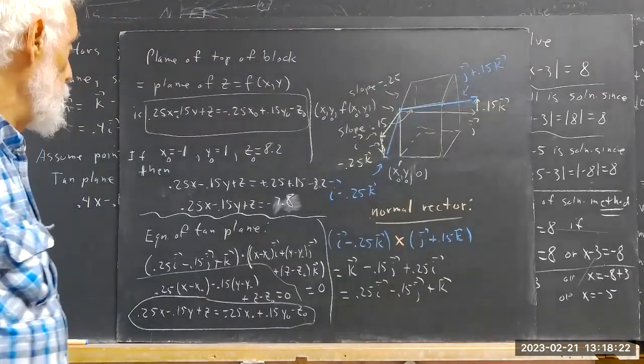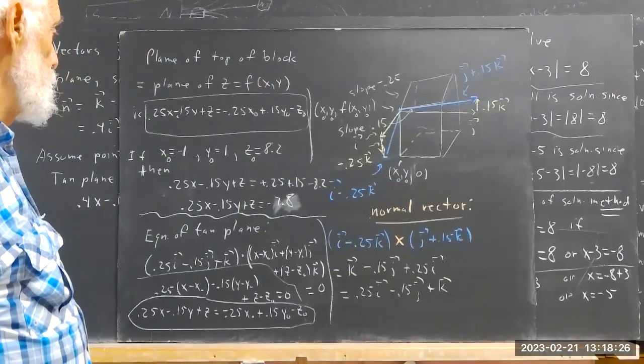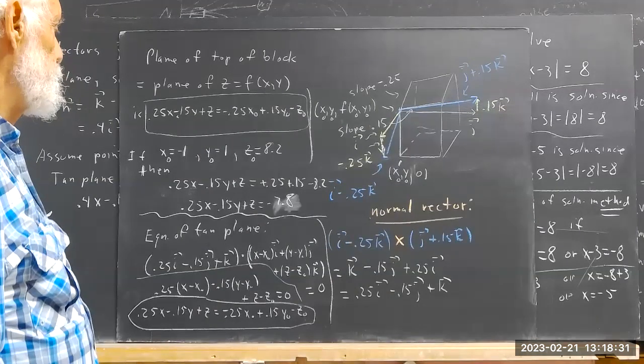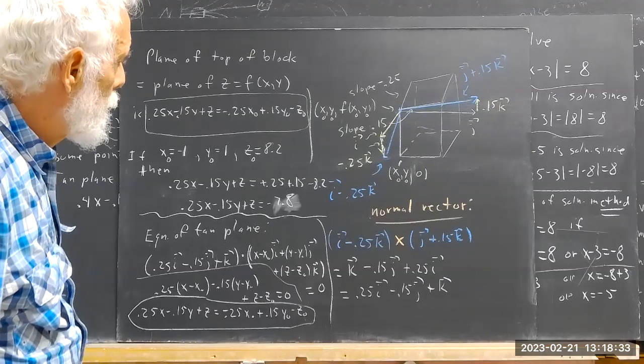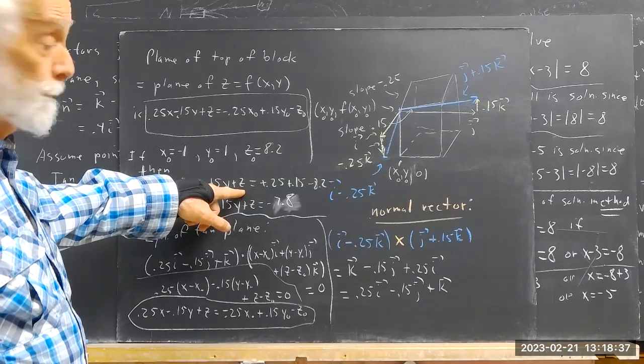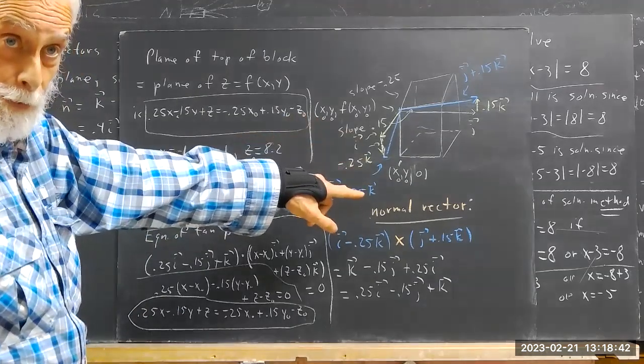Okay, well, if we solve this for z, some of you did, we'll end up with a negative 0.25x and a plus 0.15y on the other side.